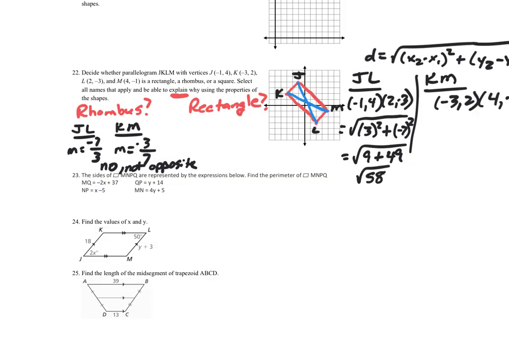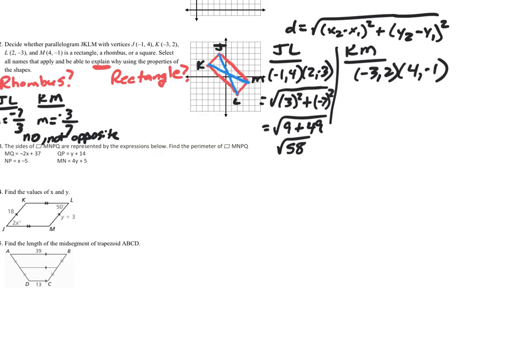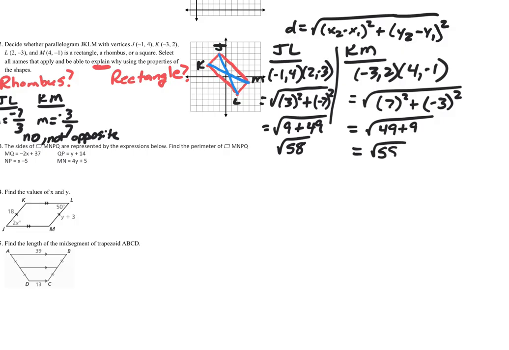So that becomes radical 58. We're going to do the same thing over here. 4 minus negative 3 is really 4 plus 3, which is 7 squared. Negative 1 minus 2 would be negative 3. So this is 49 plus 9, 58.